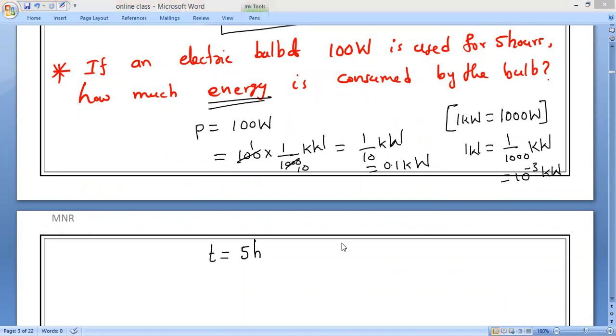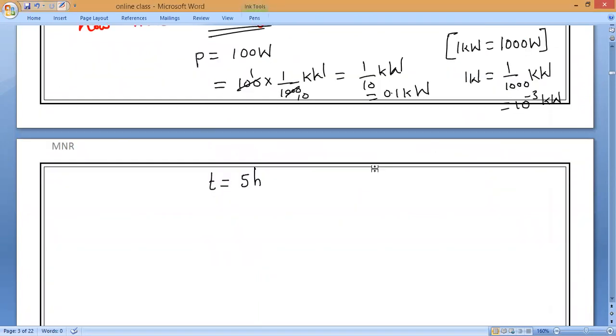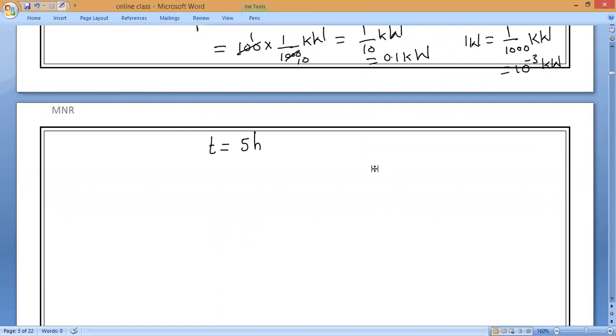Hari is wrong. Check it, multiplication wrong. Now, we all know power formula P is equals to E by T. Now they are asking energy, so T will go that side.